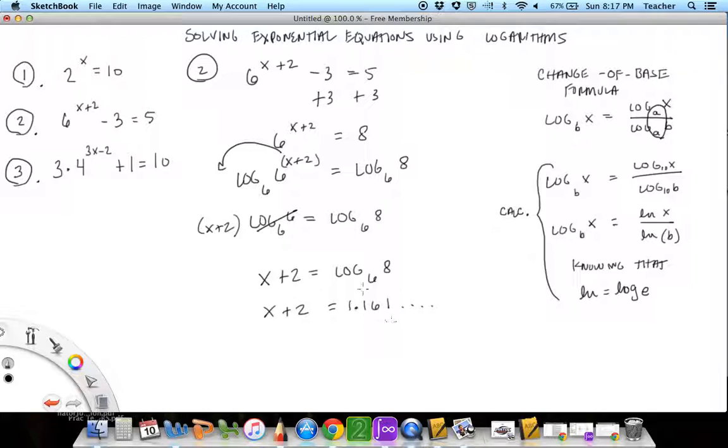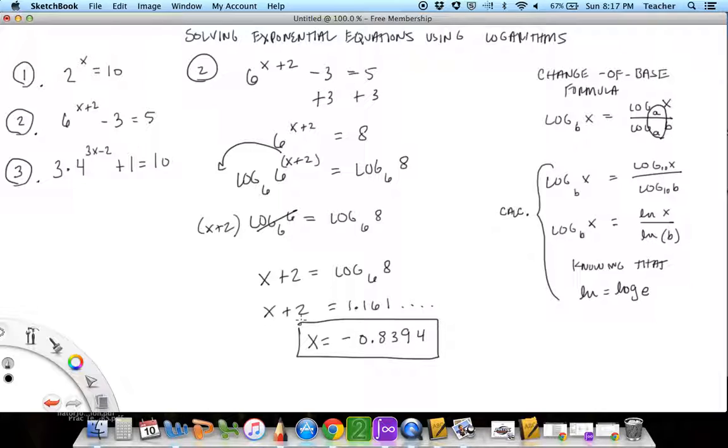We're going to keep that in our calculator and then press the minus 2 button, and we get an answer of x equals negative 0.8394. Well, down to the 10,000ths, I guess. Doesn't really matter too much. And so that is my final answer.